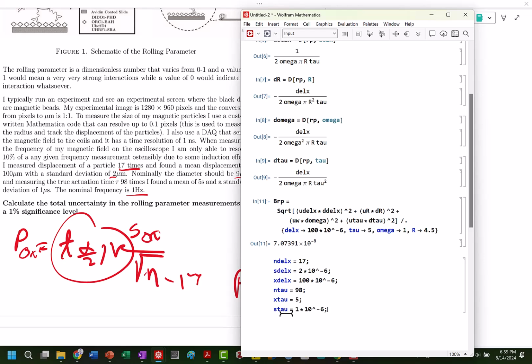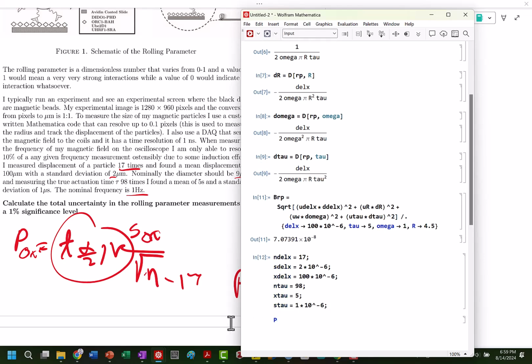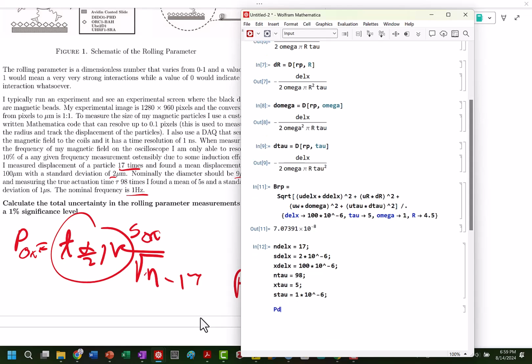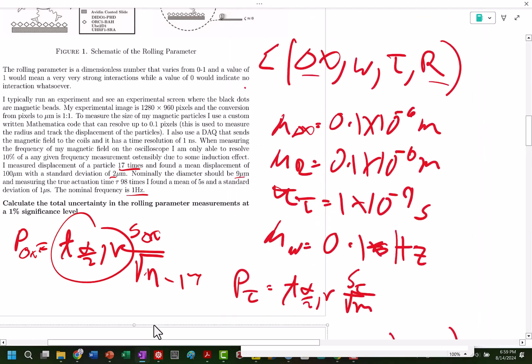There we go. So now we have precision in del x. What is our alpha over 2? We're working at a 1% significance level, so we need to have 0.005.